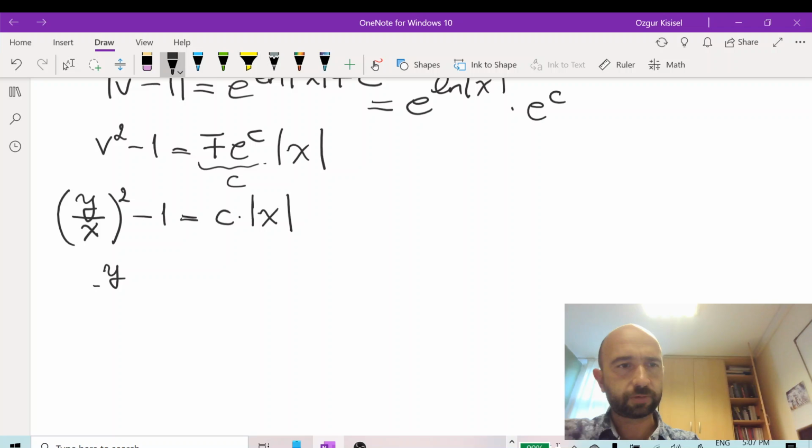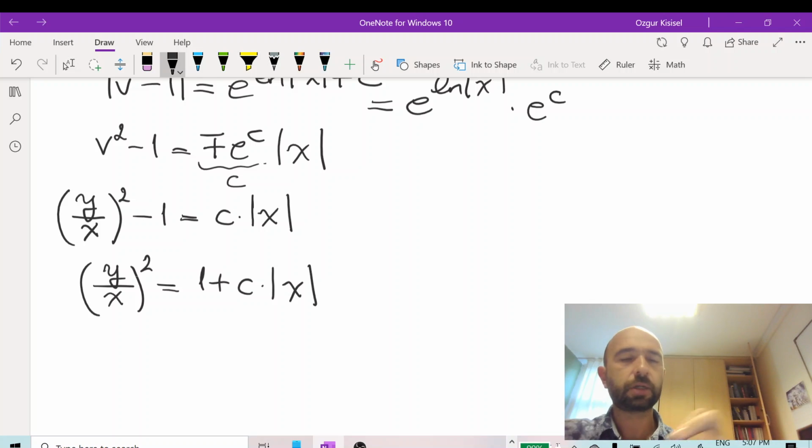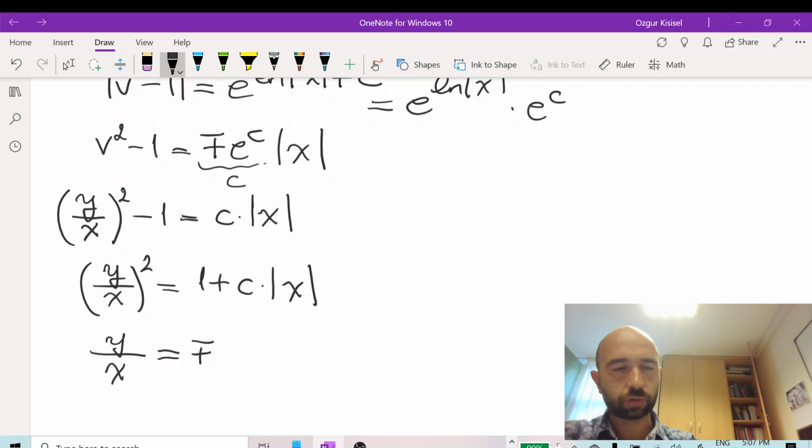Then y over x squared is 1 plus c times x, and you have y over x equal to 1 over, plus or minus square root 1 plus c times absolute x.